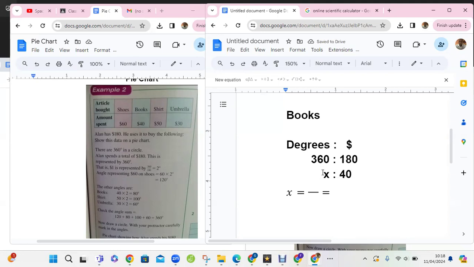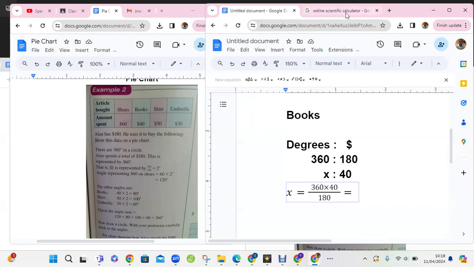So now we cross multiply and divide. You must divide by the 180, the number diagonally away from the letter, and we multiply 360 by 40, so it's 40 times 360 divided by 180.